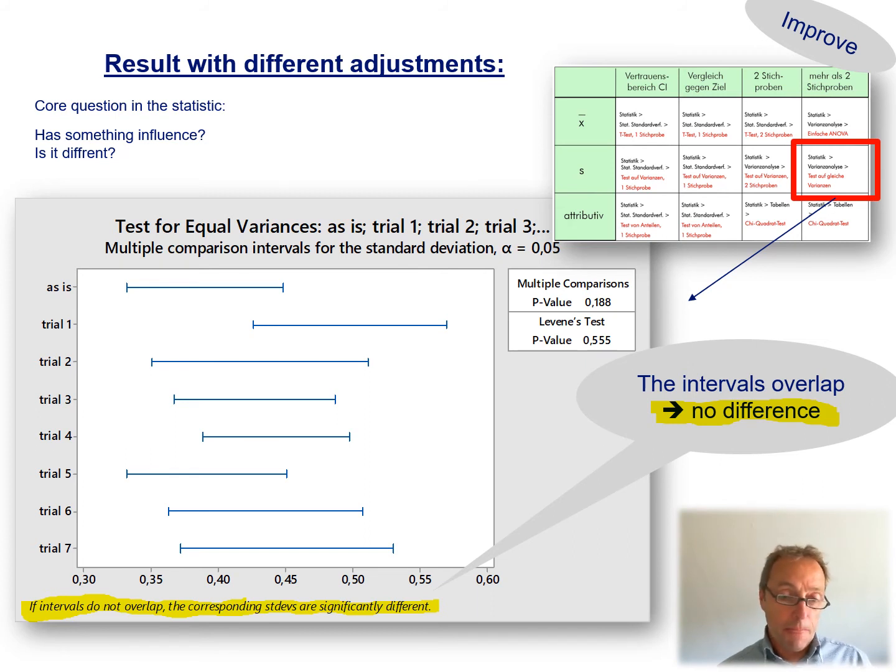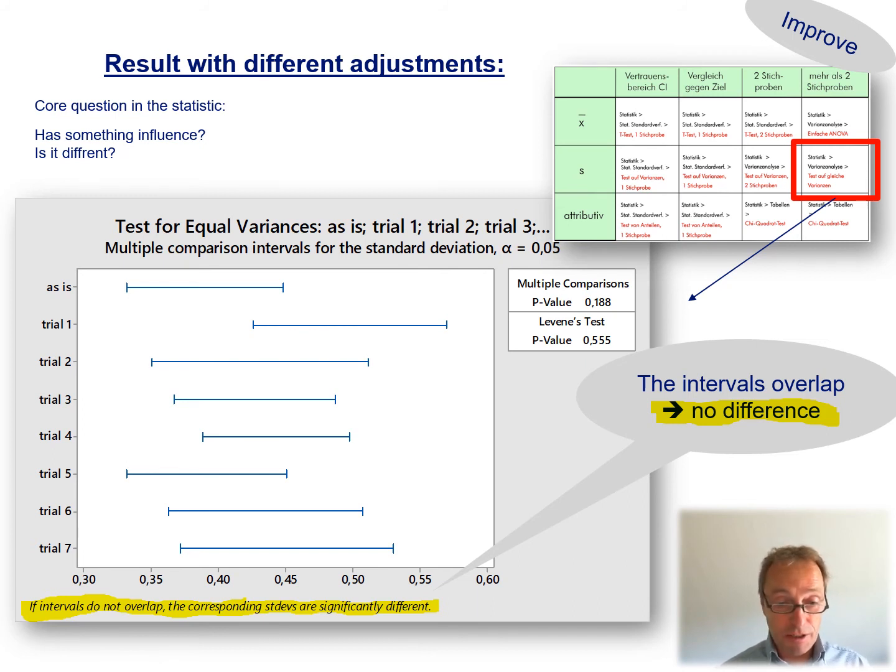For this we have statistical tools and methods in Minitab already, and there we can put everything in and ask Minitab, how is it? Of course you have to know how and where, but Minitab can analyze this.